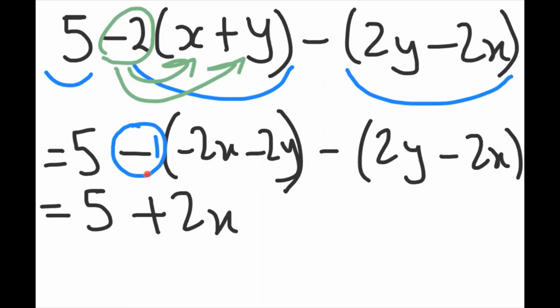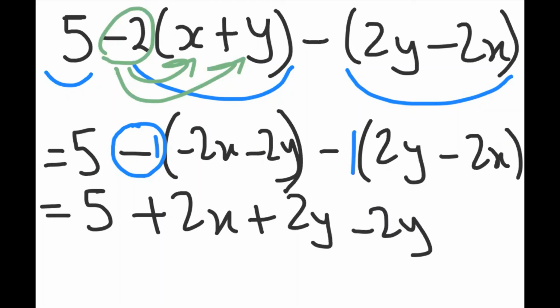Then minus 1 multiplied by minus 2y. That answer is plus 2y. Now let's do the right hand side as well. There's also a 1. So the minus 1 times 2y gives us minus 2y. And the minus 1 times minus 2x gives us plus 2x.